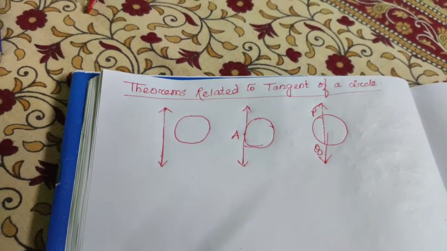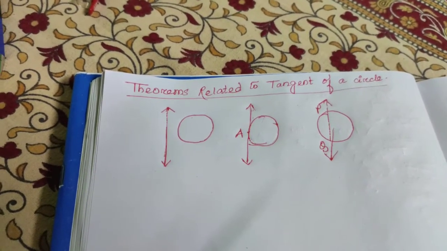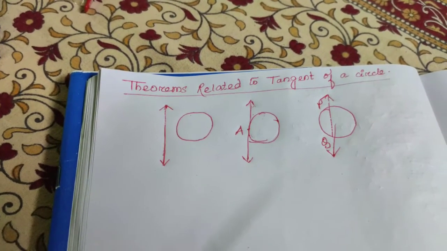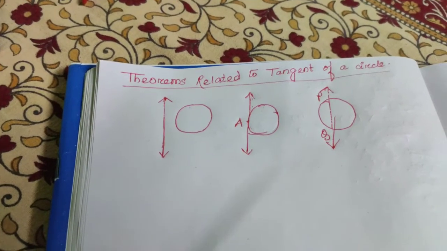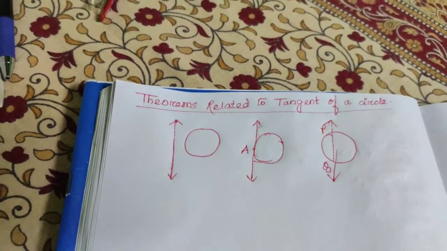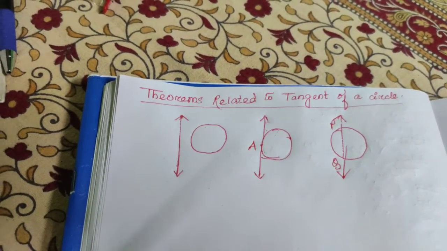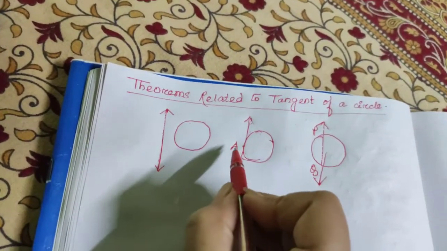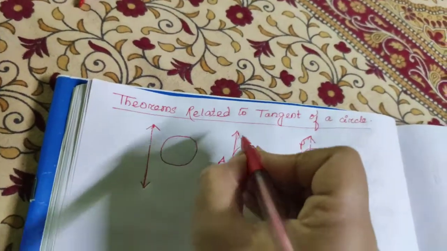But if the straight line intersects the circle at more than one point, that is at 2 points, then the straight line is called a secant of the circle. Here the straight line is a secant of the circle and PQ is the corresponding chord of the secant of the circle. Here the point A is the point of contact.